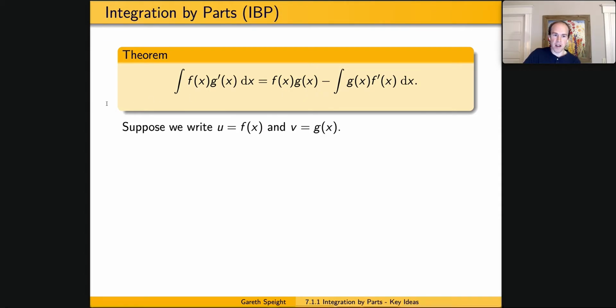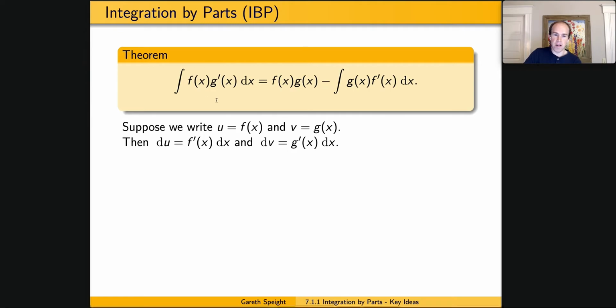I want to mention that there's another way of writing integration by parts that some of you might have seen before, or you might see in other places. I'm not going to use it, I just want to make you aware of it. Suppose we write u equals f of x and v equals g of x. Then we would have du/dx equals f prime, which you could formally rearrange to be du equals f prime of x dx. And if v equals g of x, you could differentiate, you get dv/dx equals g prime of x, or you could formally rearrange and write that as dv equals g prime of x dx.